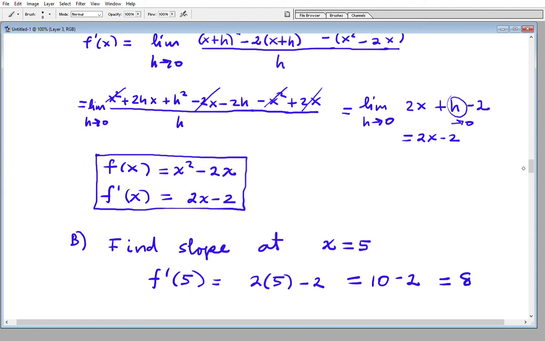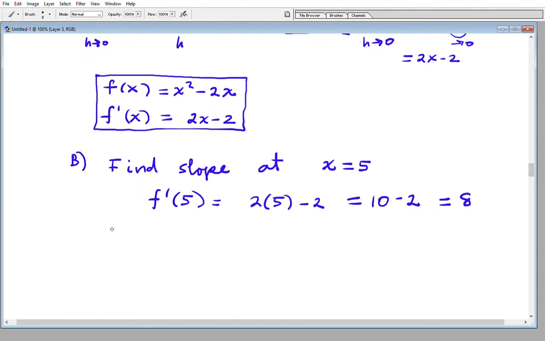Maybe we'll also do the tangent line. Let's might as well. Find the equation of the tangent line at x equals 5.